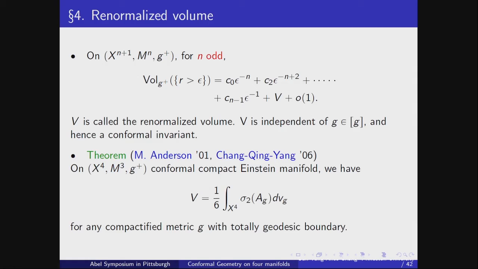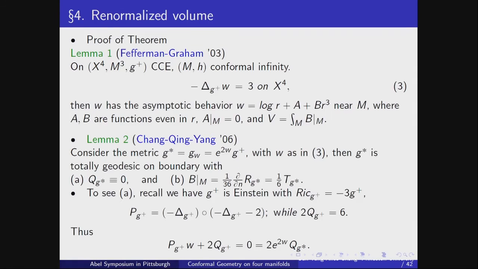I'm running out of time, so let me just say one word: the proof is analytic work and based on a special choice of metric, first done by Graham and Lee. We talk about this special equation, and then choose the metric g star equal to the solution of the special equation, which has Q equal to 0 and T equal to a constant.